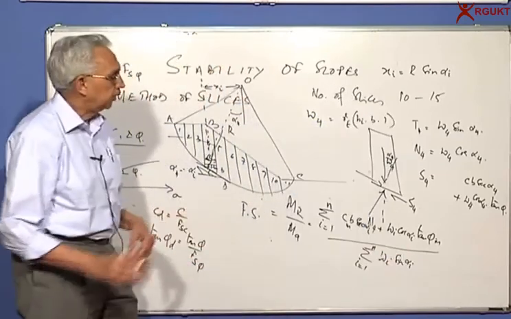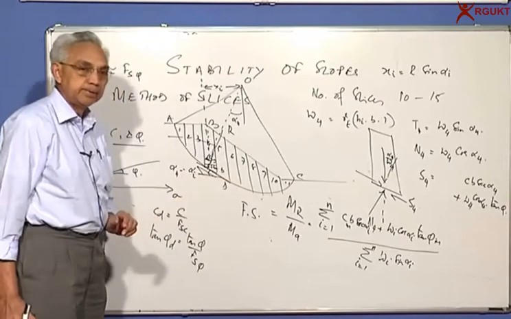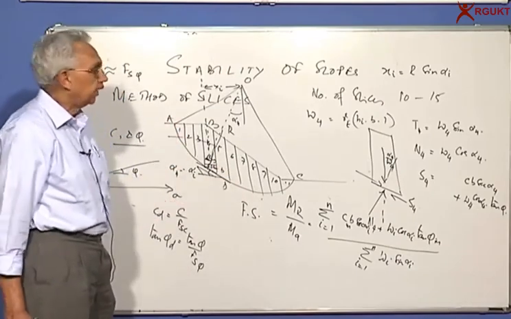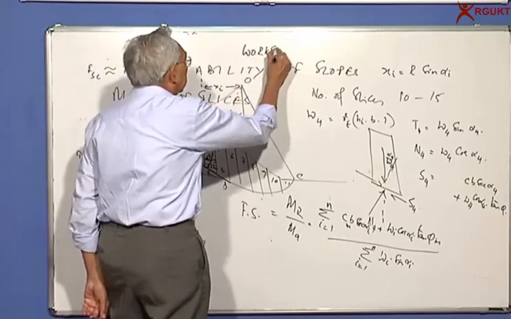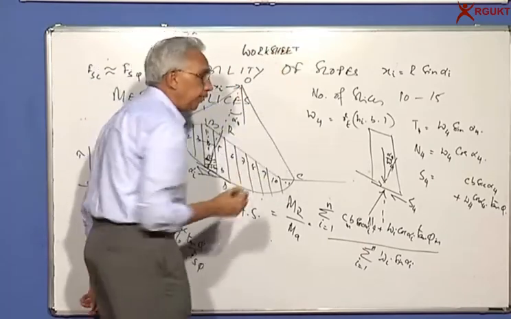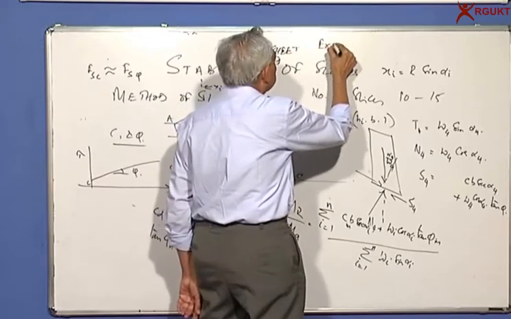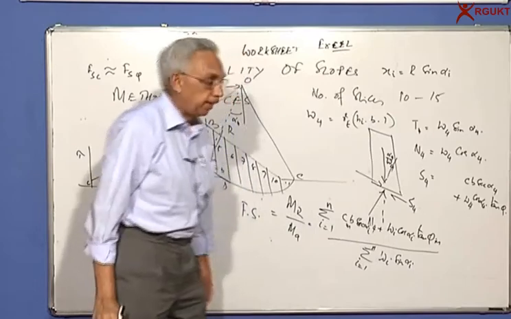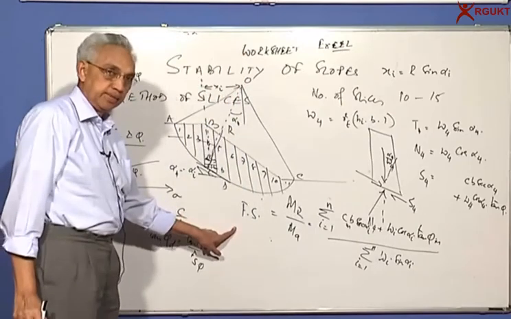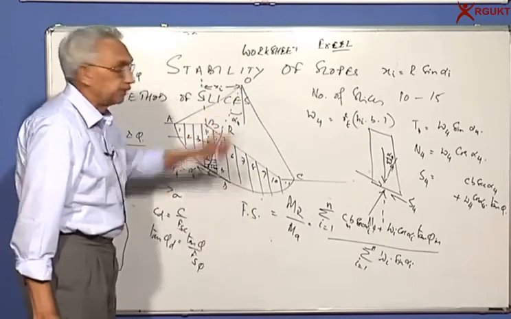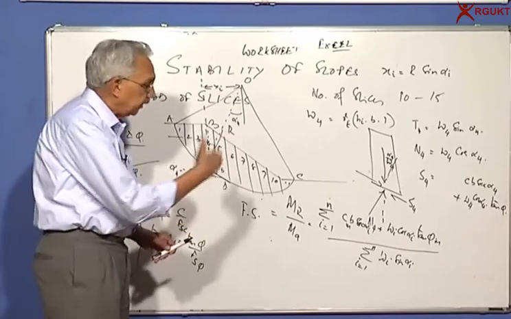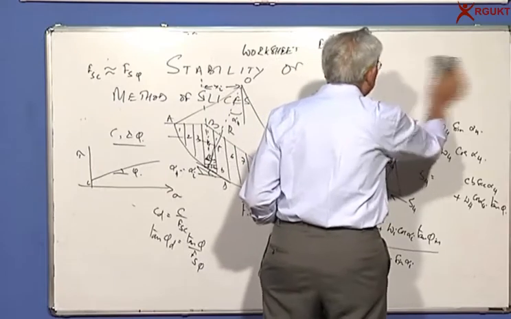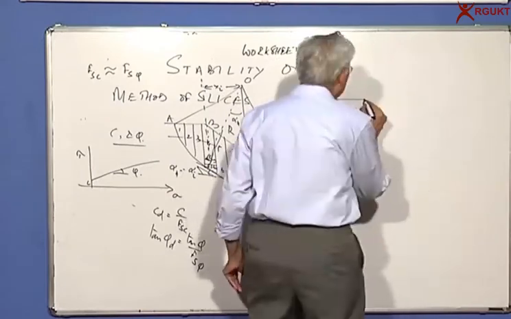So using a simple graph paper, you can plot these slopes, slices, or if you are using a worksheet, you can simply use Microsoft Excel. You can easily program it on your laptop, and you will determine this factor of safety for a given circle. Then you have to search around for the minimum by taking different centers and different radii.